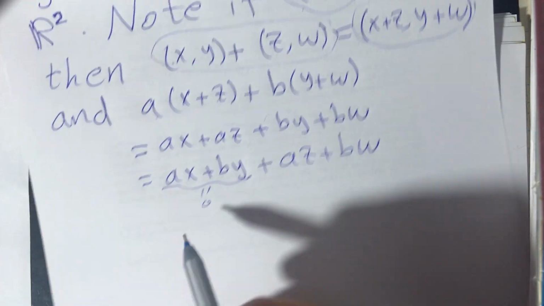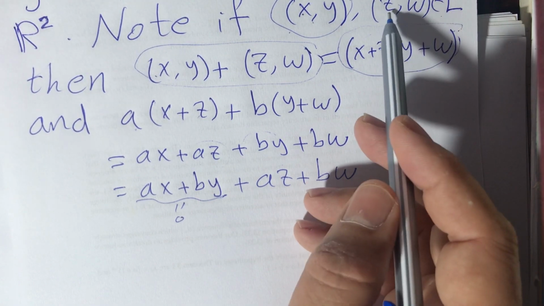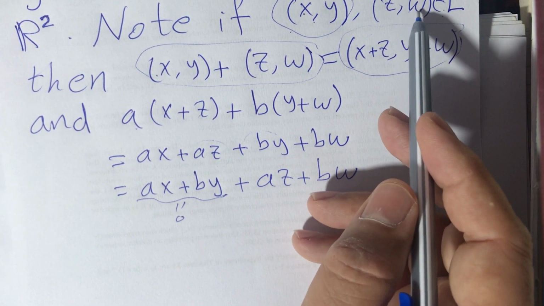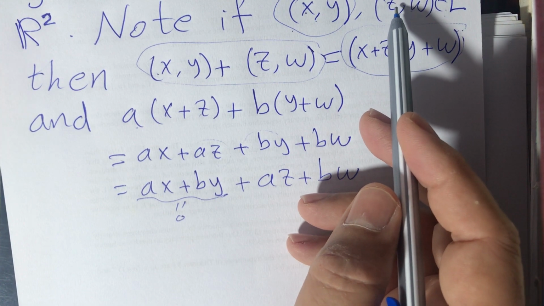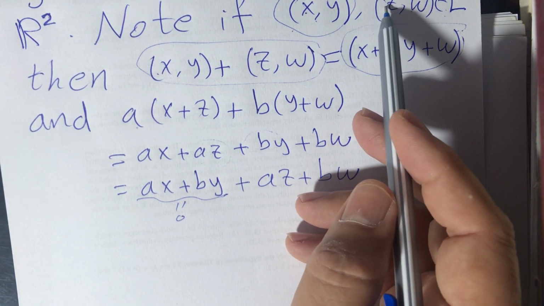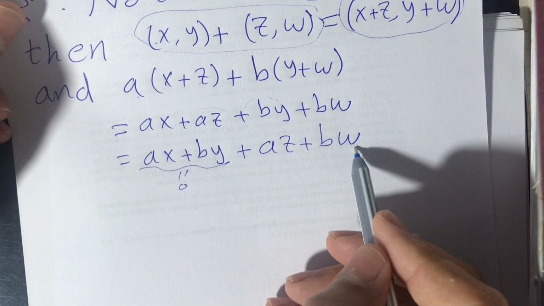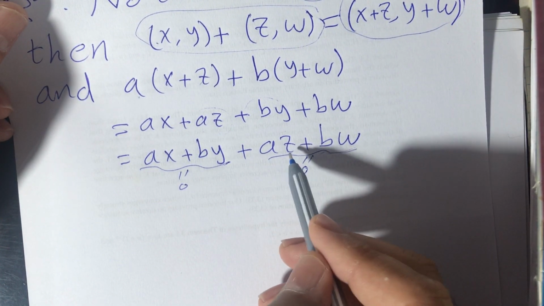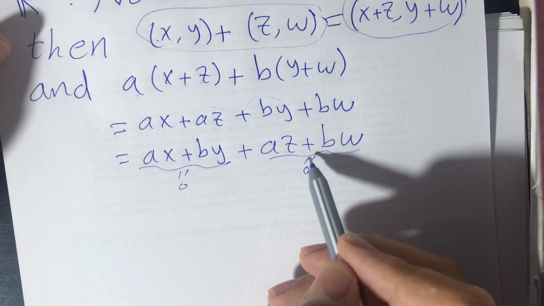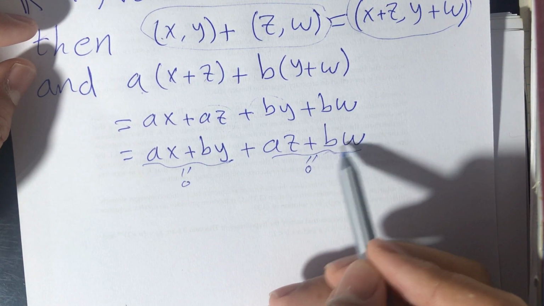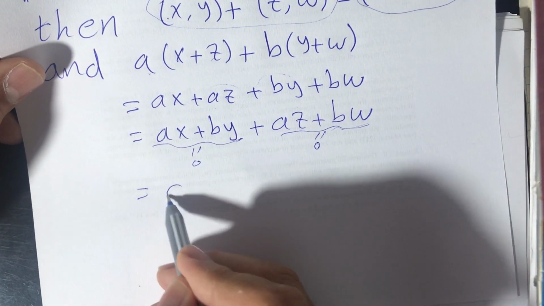And also (z, w) belongs to L, so AZ plus BW equals 0 by the definition of the set L, and 0 plus 0 is equal to 0.